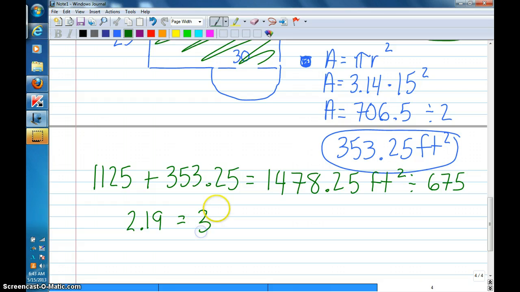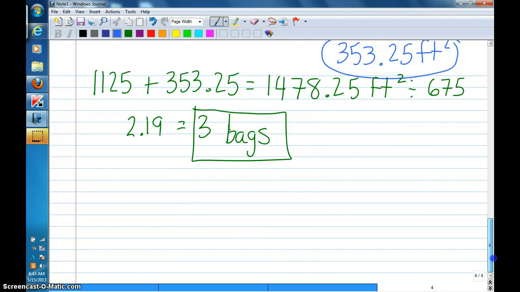So I would need to buy 3 bags worth of grass seed to cover my lawn. So you're going to get some irregular figures in your practice. Just look for the shapes that are there.